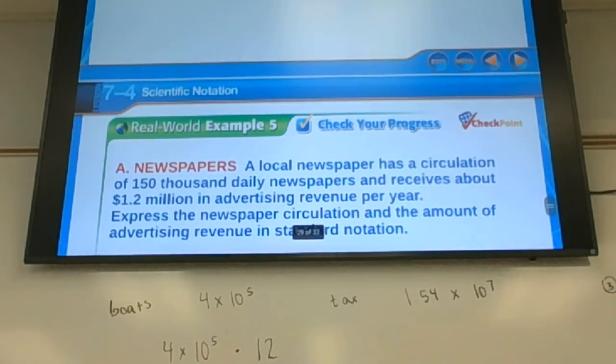All right, try this one. A local newspaper has a circulation of 150,000 daily newspapers, and receives 1.2 million in advertising revenue. Express the newspaper circulation and the revenue in standard notation and scientific notation. Go ahead, y'all.